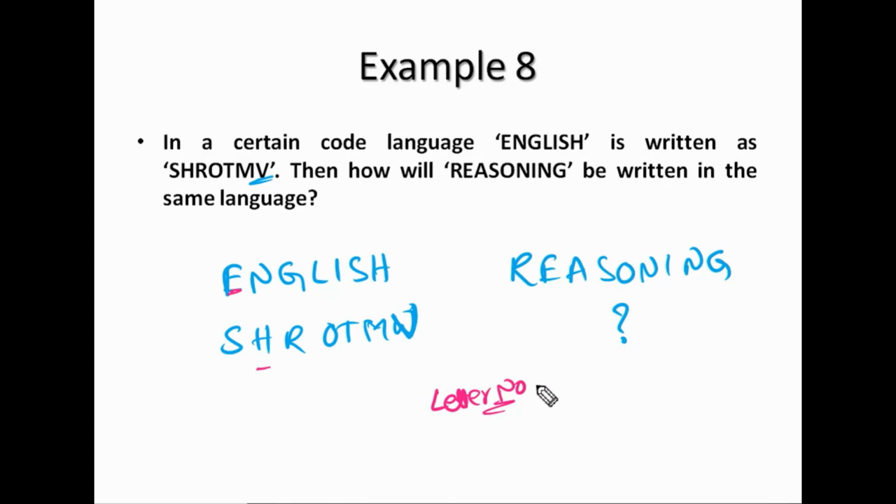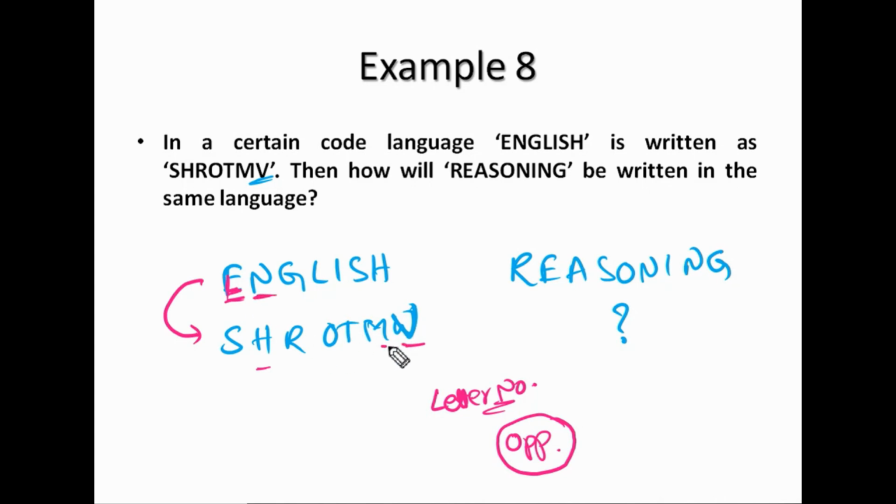One more thing you need to remember. What is that? Yes, opposite pairs. If you are already perfect with these opposite letters, then you can identify them very easily. What is the opposite letter of E? Yes, that is V. L O V E. L and O are opposite, V and E are opposite.